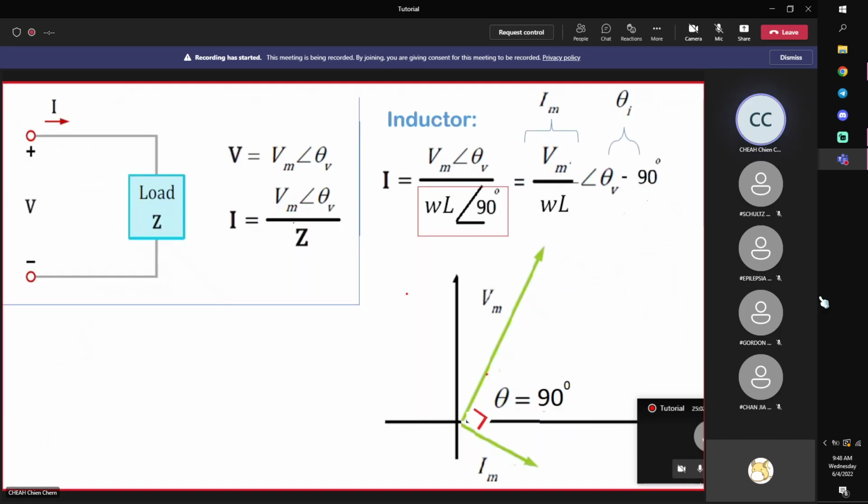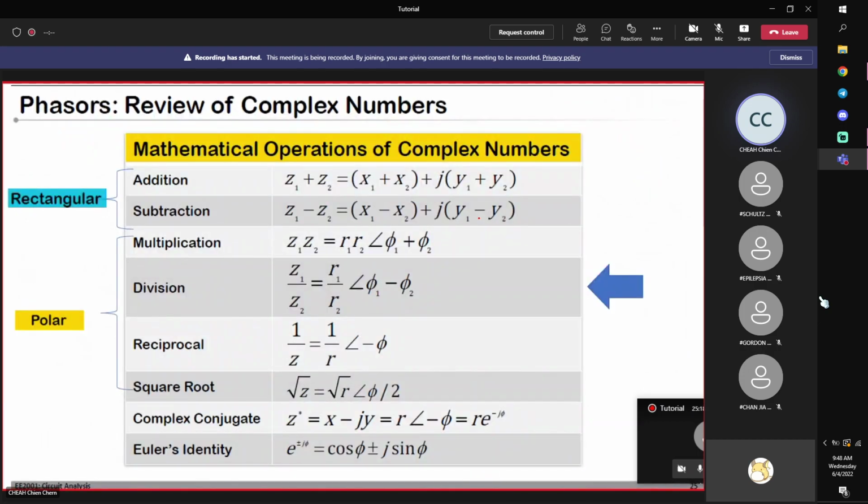Suppose that we go back to this load, and Z is an inductor. Assume that this load is a pure inductor. For pure inductors, your impedance is omega L at 90 degrees in polar form.